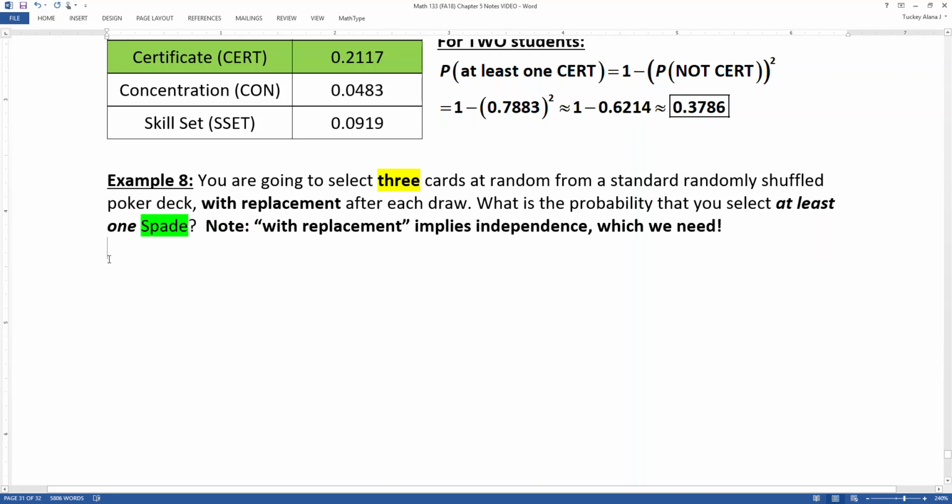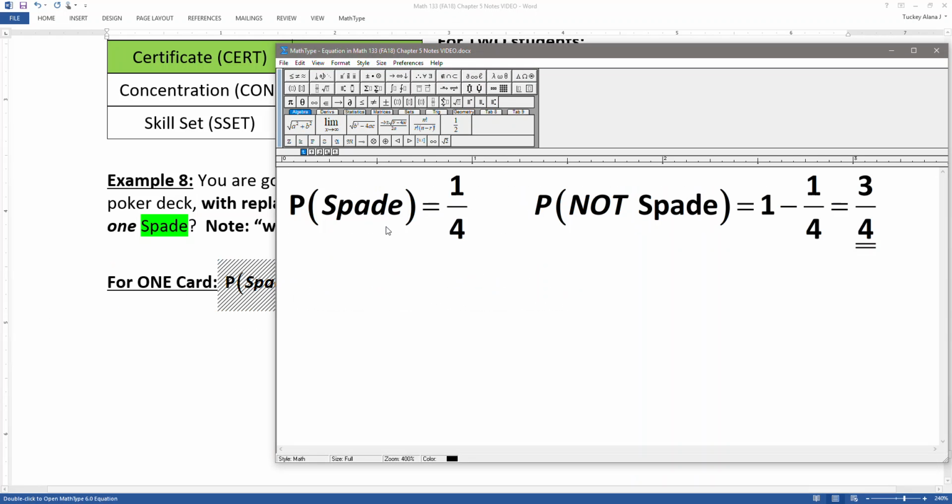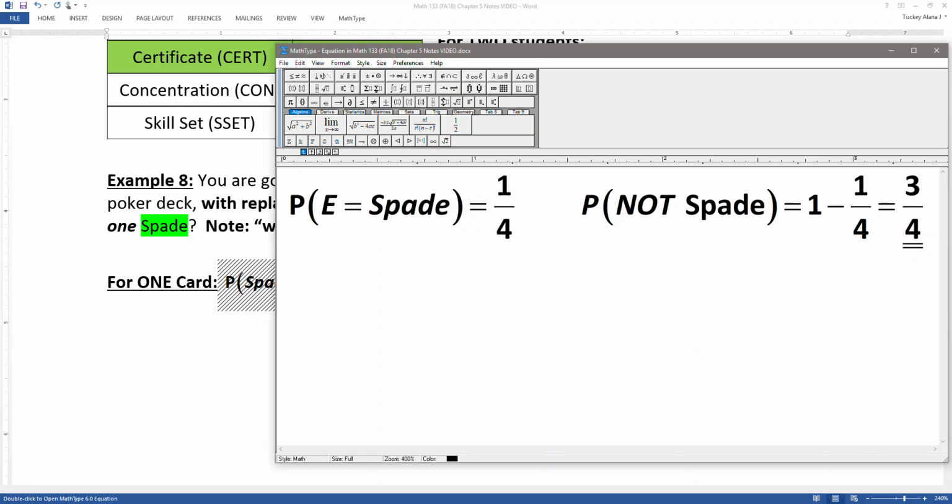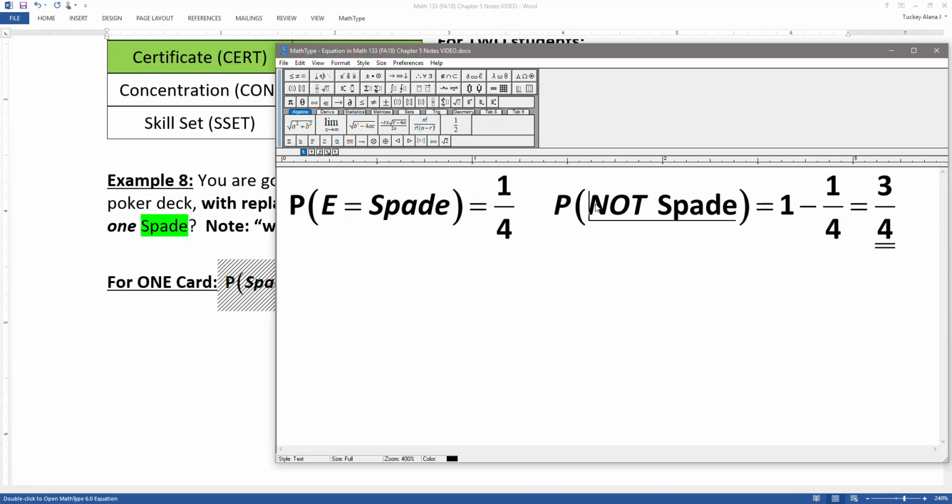All right, so let's figure out for single cards first, just like we've been doing, right? And then we'll go from there for more cards. So a single card, the probability of a spade, which is event E, right? It's saying right there, at least one spade, so event E is a spade. So the probability of that is 1/4. A fourth of the deck is spades.